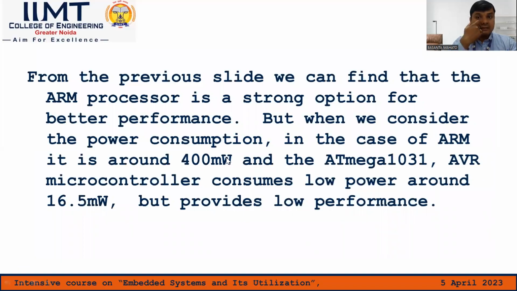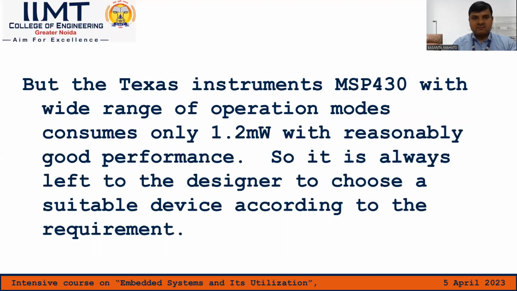From the previous slides, we can find that the ARM processor is a strong option for better performance. But as a designer, we will look into other parameters also, such as power consumption. The power consumption of ARM is 400 milliwatts. The Atmega AVR microcontroller consumes low power, 16.5, but provides low performance.